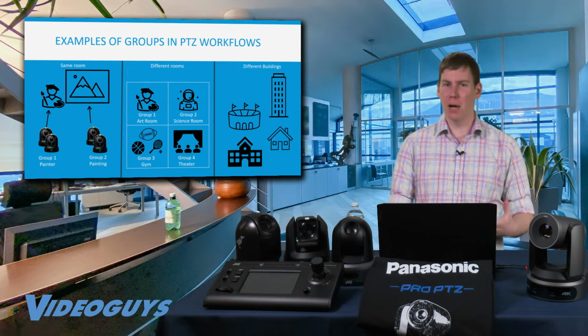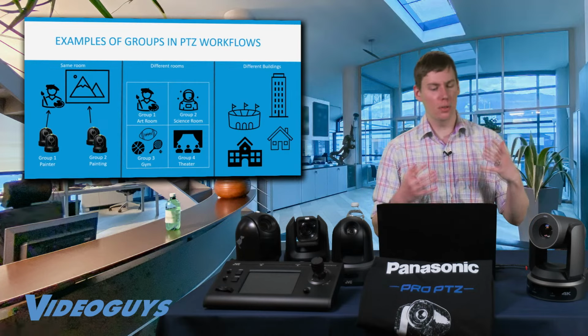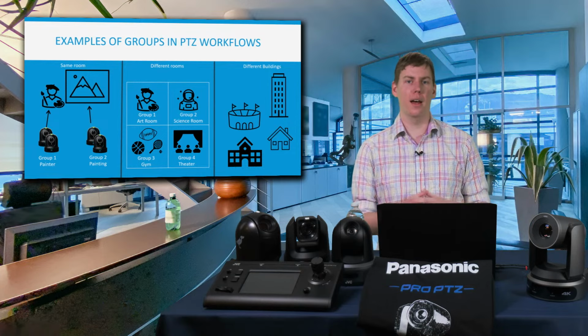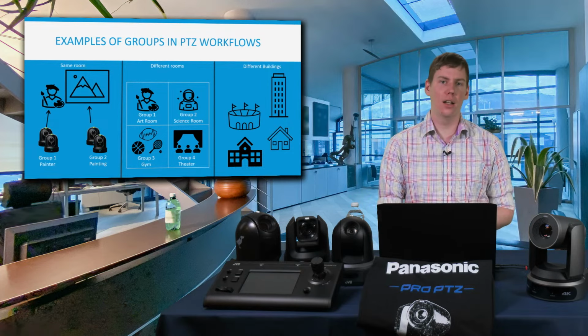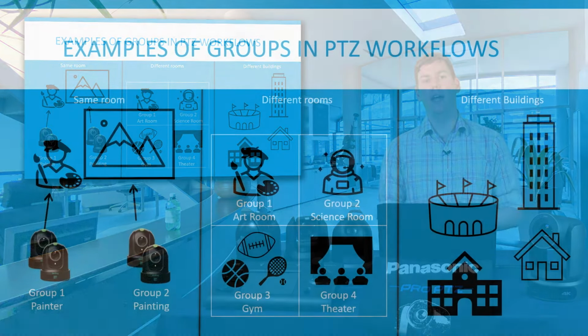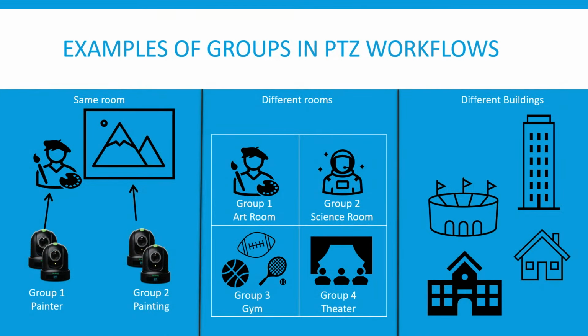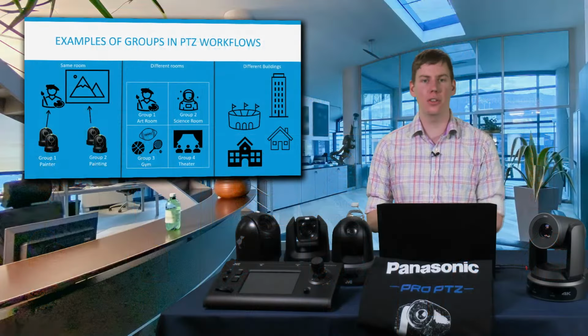So again, you might have in the same room, maybe you have an art room and you want to have 2 cameras on your painter, and then you want to have 2 cameras on the painting itself. Well, then you can very easily make it so you have group 1 and group 2. Where we really see groups coming more into play is, again, when you have different rooms that are on the same network. So maybe you have your art room and your science room and your gym and your theater.